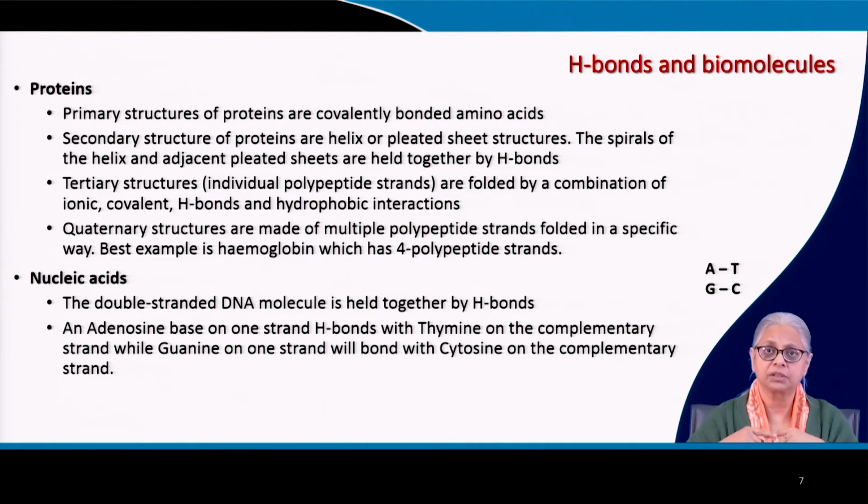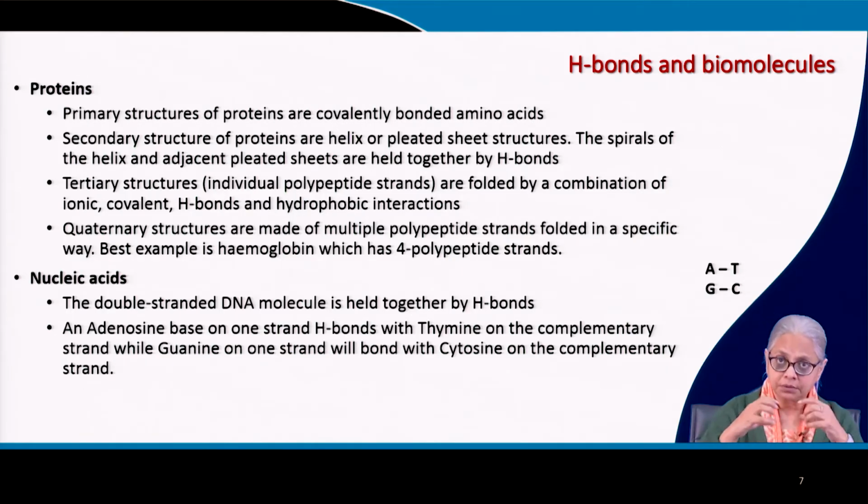The spirals of the helix, so if you can imagine your metallic spring, each circle of that helix is bonded to the adjacent circle by hydrogen bonds. That's how the spacing and the folding is maintained.